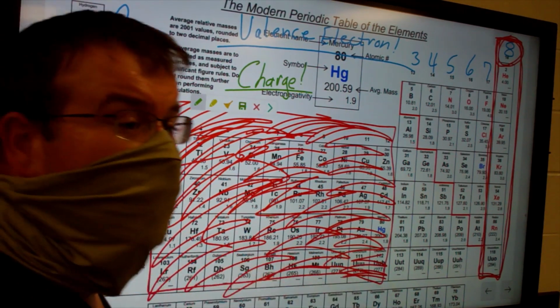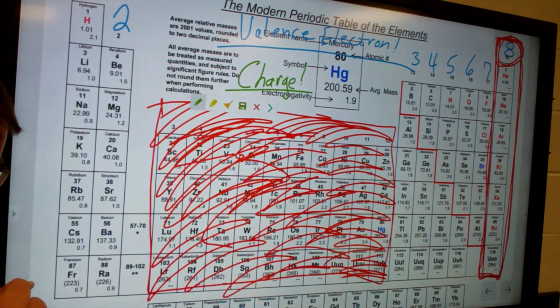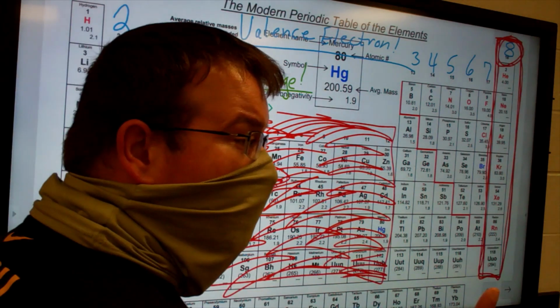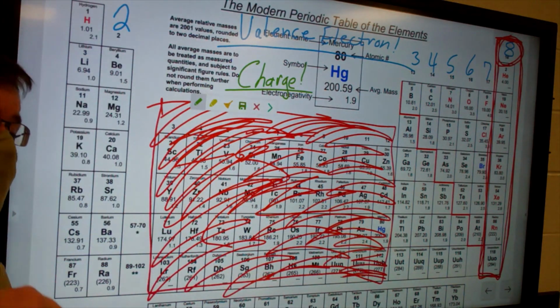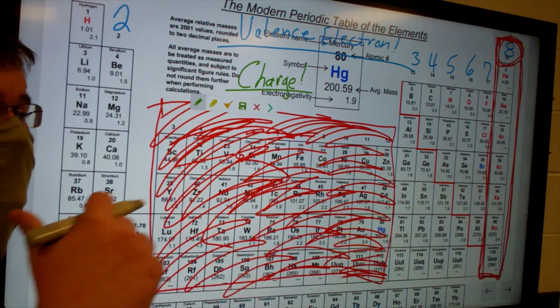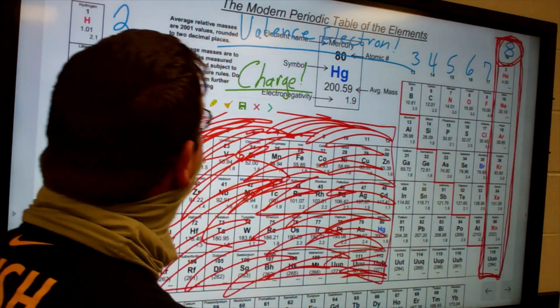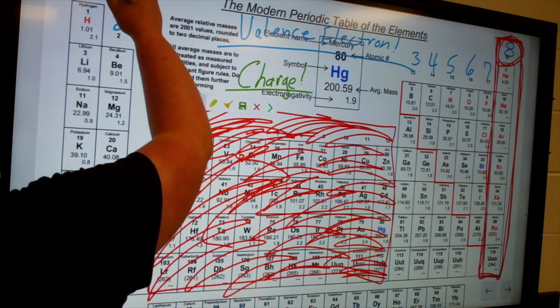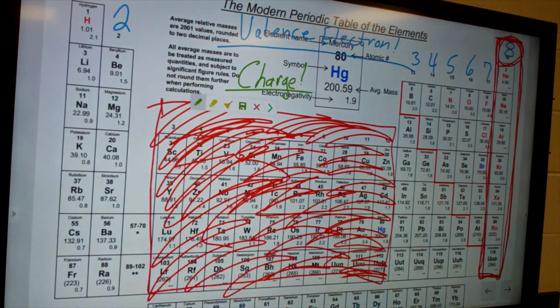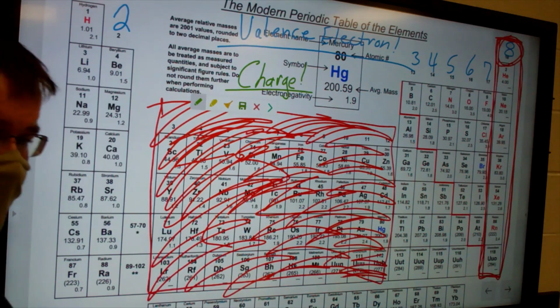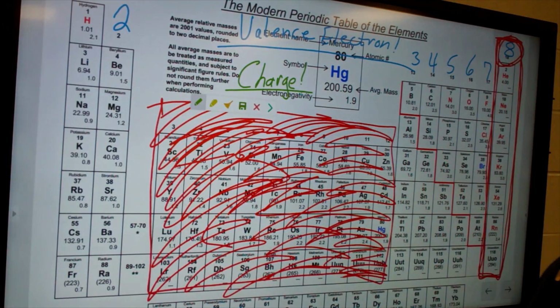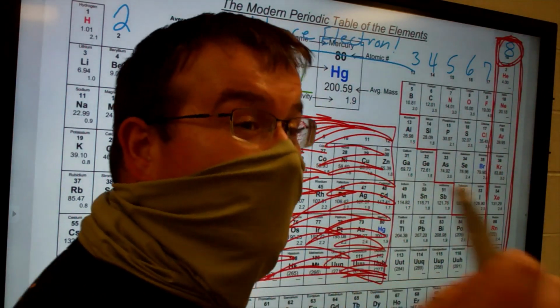So they will lose that 1 electron, losing a negative charge, and they form a +1 charge. Column 2 is the same, but they have 2 valence electrons. If they can get rid of those 2, they can get to a full outer shell. +2.